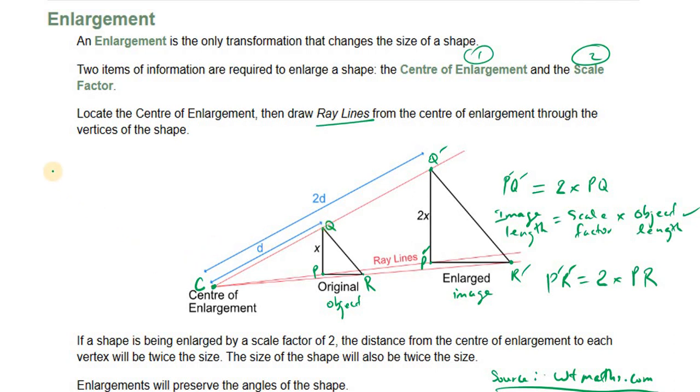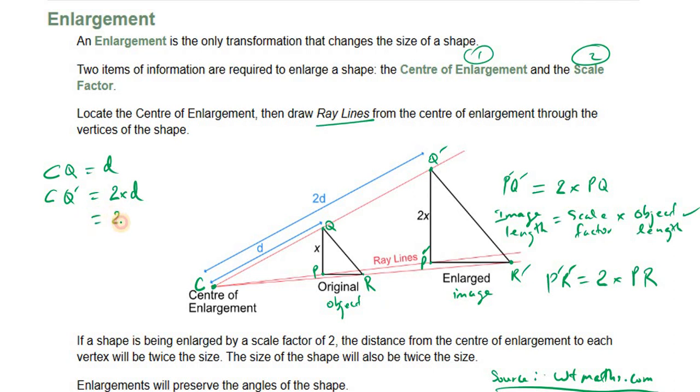So for instance, from the center of enlargement C to the object vertex Q, we have a distance, which is given as D. But we notice that from the same center of enlargement C to the corresponding vertex Q prime of the image is equal to 2 times D. This 2 is the scale factor multiplied by the original length, that of CQ.